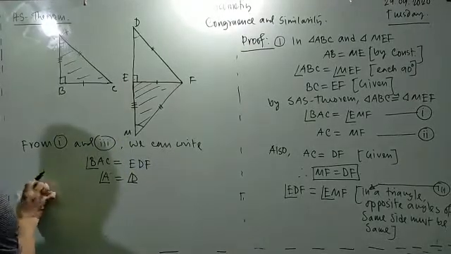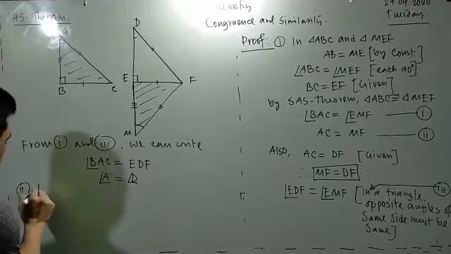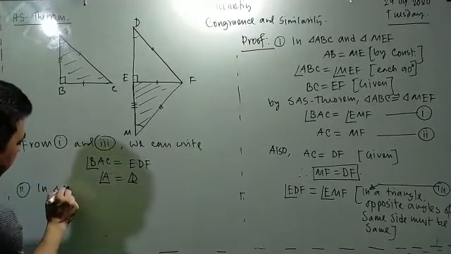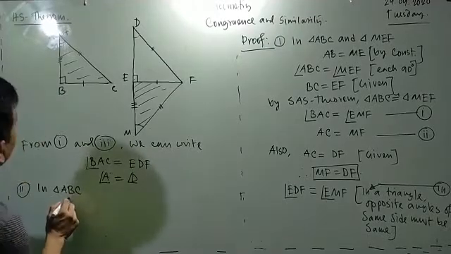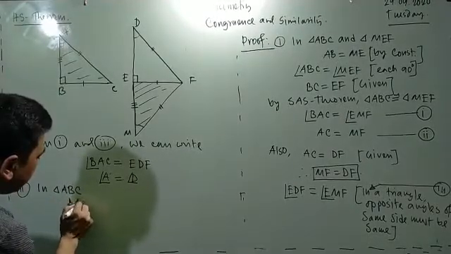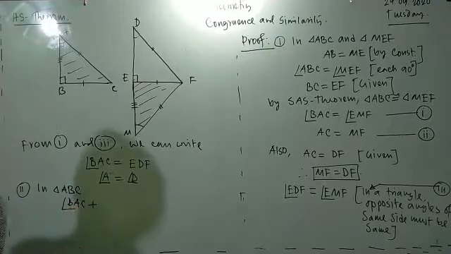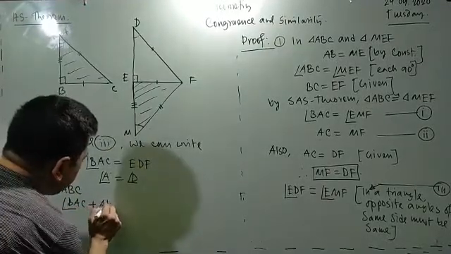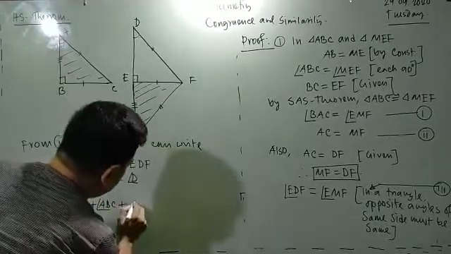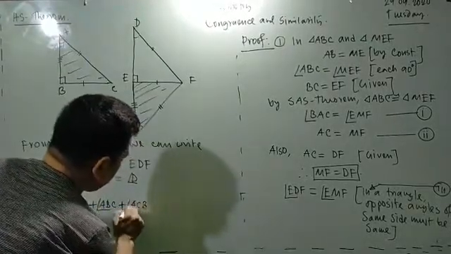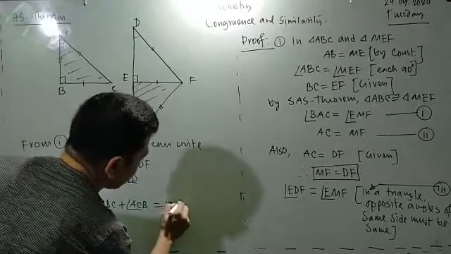Okay, we are going to just number 2. In the ABC triangle we can write angle BAC plus angle ABC plus angle ACB equals 180 degrees.